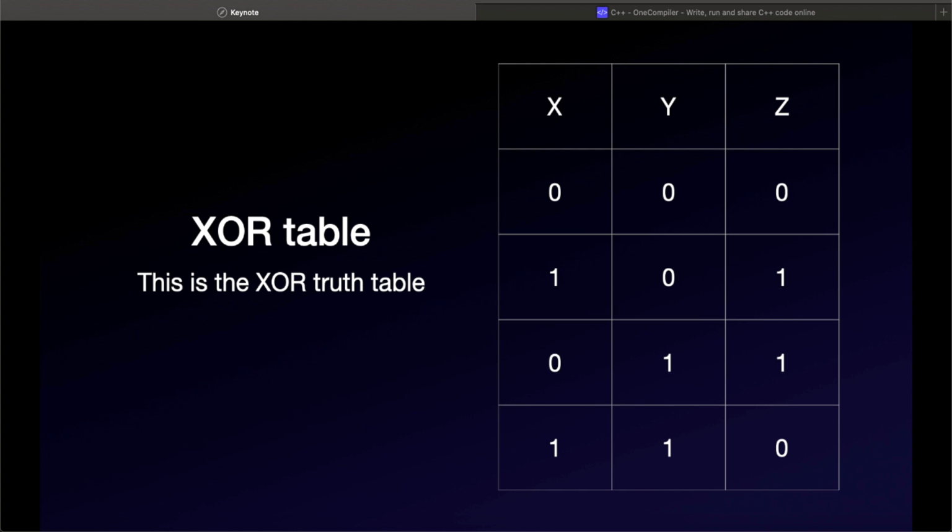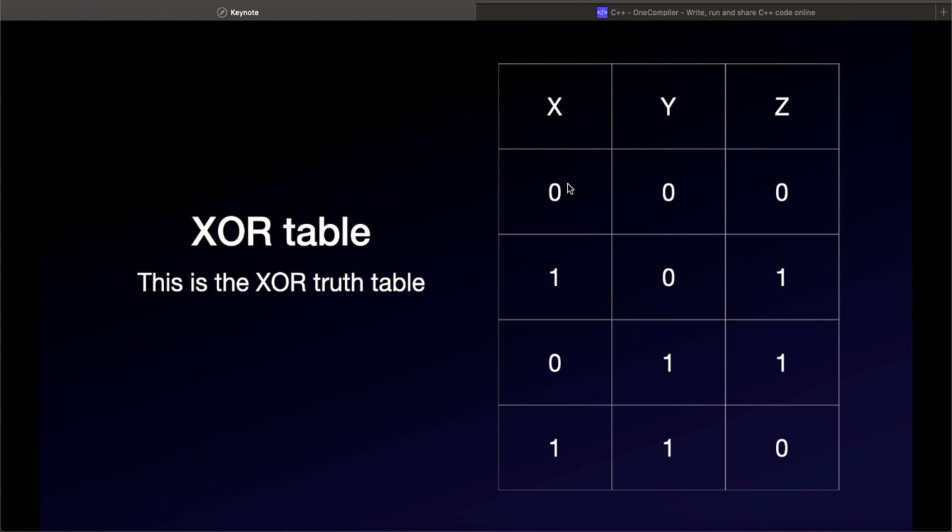But in case every single component is true, I'm going to give you false. So that's what XOR says. Or another way to look at it is, every single time the inputs differ, I'm going to give you true, and every single time the inputs are the same, I'm going to give you false.